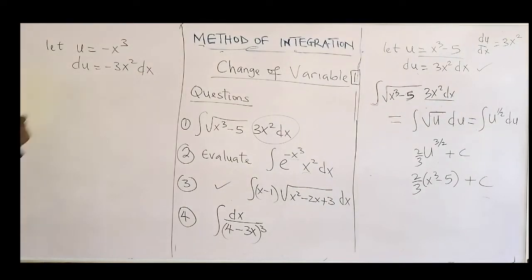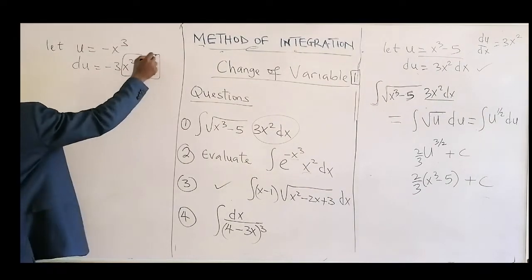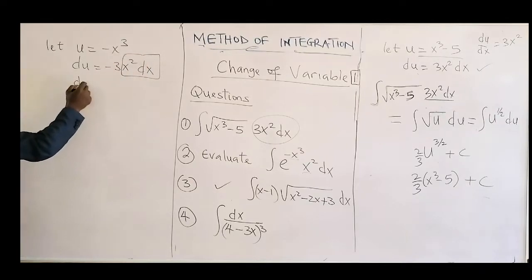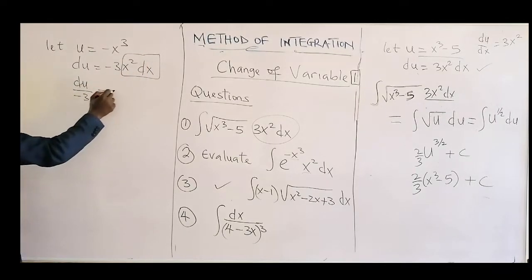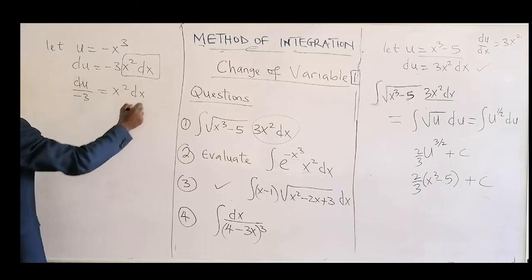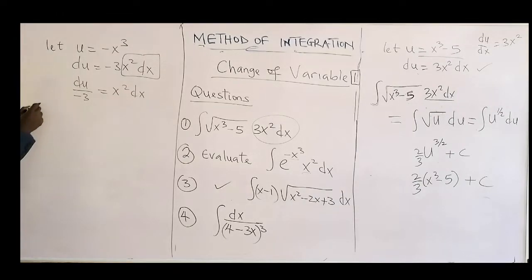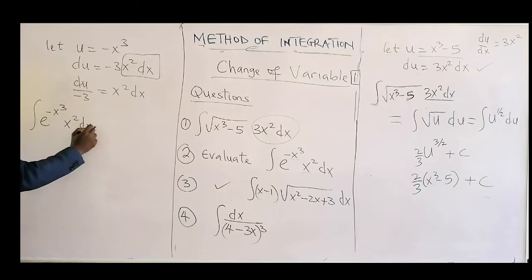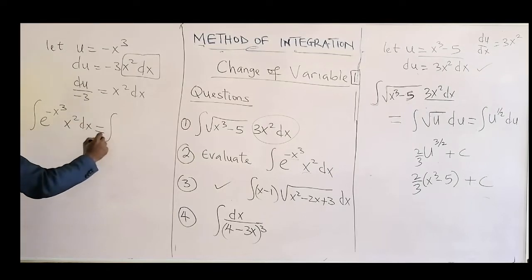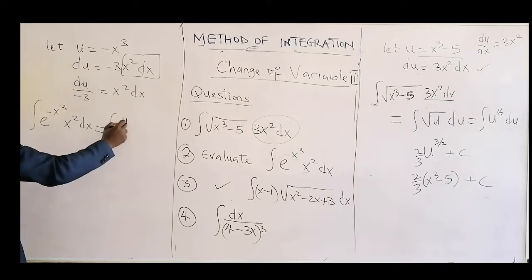Can I make this the subject here? Leave it here. So that will be du over minus 3 equal to x squared dx. So the question now becomes the integral of e to the u, then du.